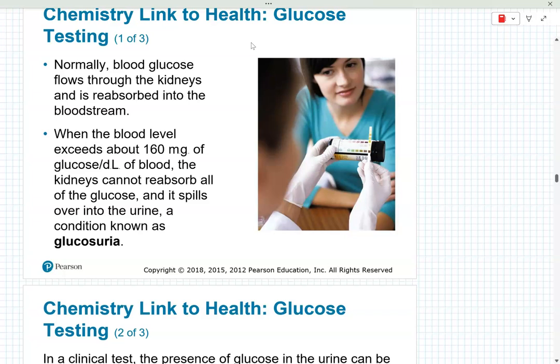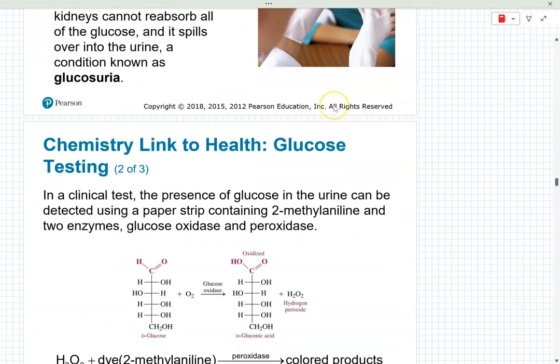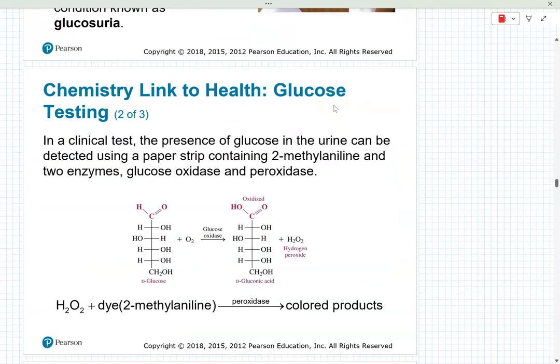So like you have 200 milligrams per 100 mils in a urine, and it all goes back. Nothing is in the urine. No glucose is in the urine. If you have too much glucose, your kidneys just don't have the capacity to reabsorb all of it, and some of it ends up in the urine. Okay? Does that make sense?